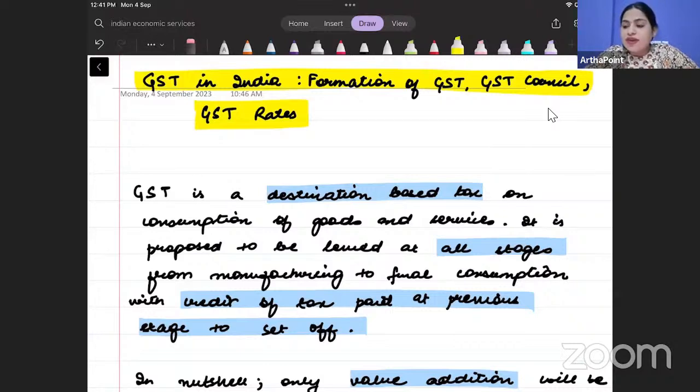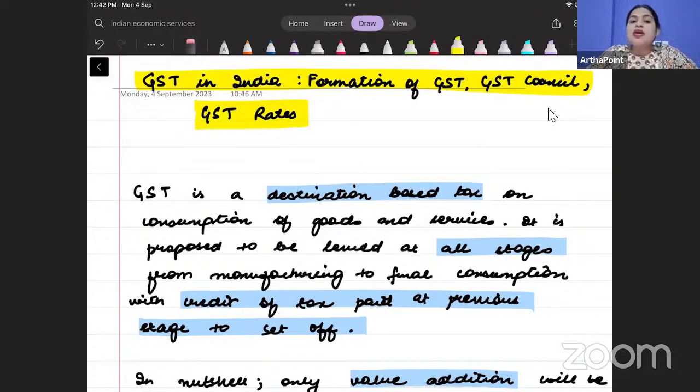So today if I want to implement something, then it has to go through a proper process. उसका एक पूरा process होगा through which it has to pass, right? What is that process? वो process क्या रहा GST के लिए? How GST came into being? That's the next thing that we want to understand.